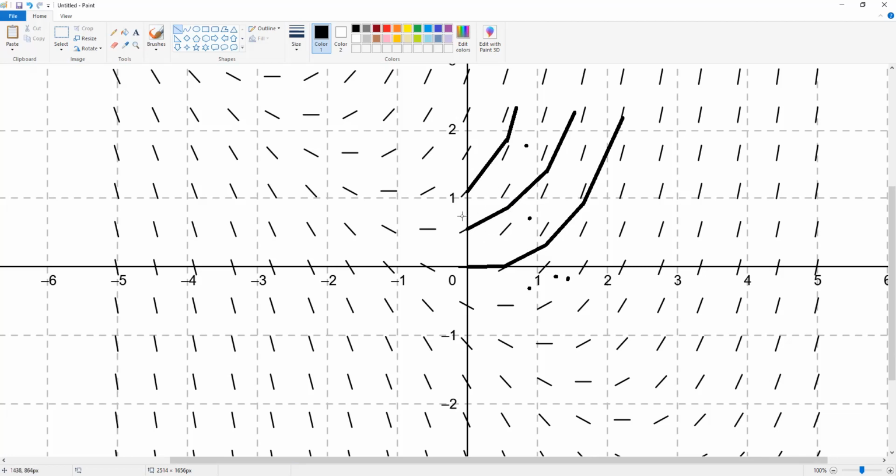So to go over the same idea for this curve here, quote unquote curve, we start off here. You've got a little slope there. We fit a line segment onto it, step out. You get to this slope here, then we recalculate there. So we've got a slope there. You fit a line segment onto it, jump out to the next spot where we have a slope, recalculate.